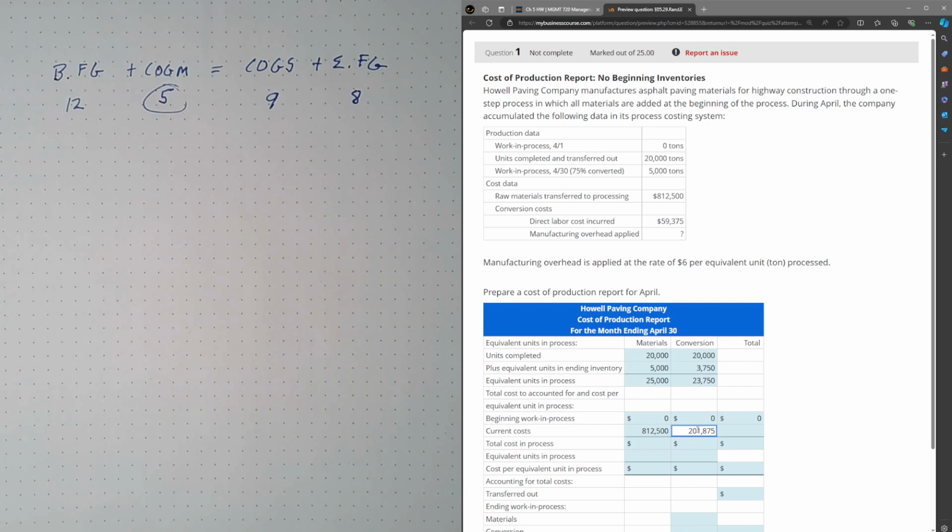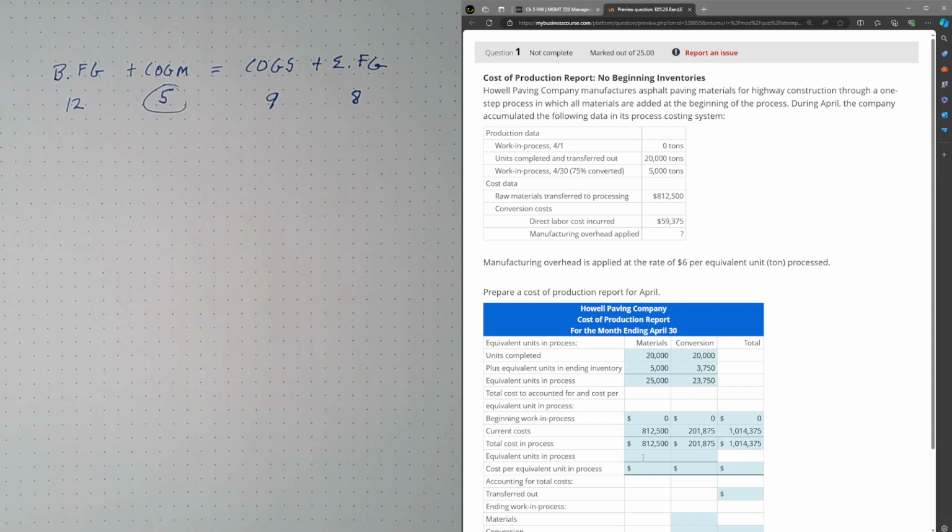Let me just make sure I did that right. 6 times 23,750. Oh, no, that looks about right. Plus 59,375. Okay. So what are our total costs going across? Plus 2,500 equals 114,375. And then the total cost, the 0 plus 812,500, well, that's just 812,500. 0 plus 201,875 is 201,875. And this should be 1,014,375.